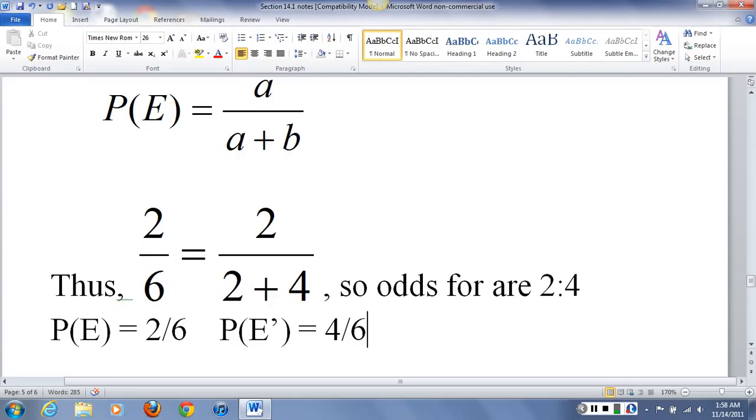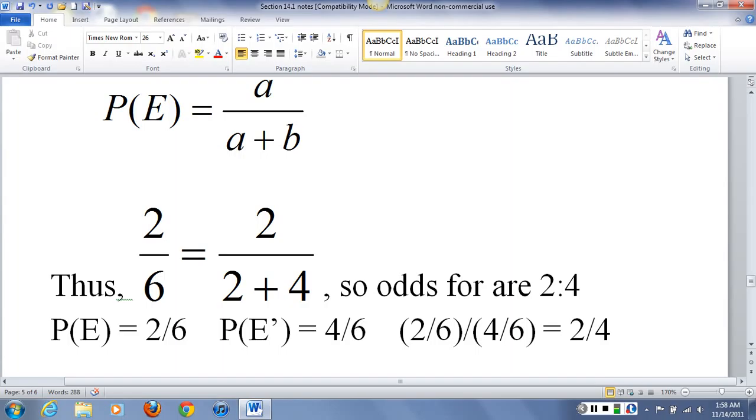Now the definition said that if I divide one by the other, I get the odds for. So if I divide 2 over 6 by 4 over 6, when you do your rules of division, you'll end up getting 2/4.